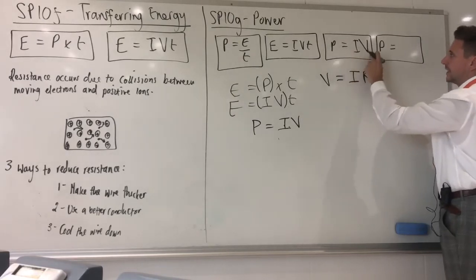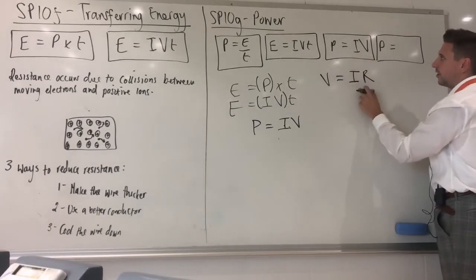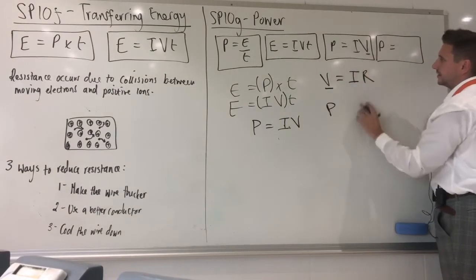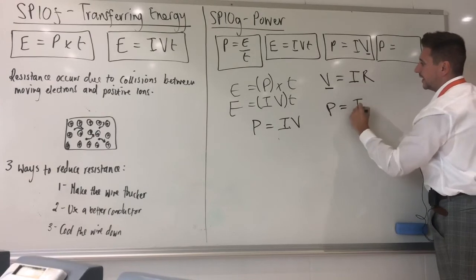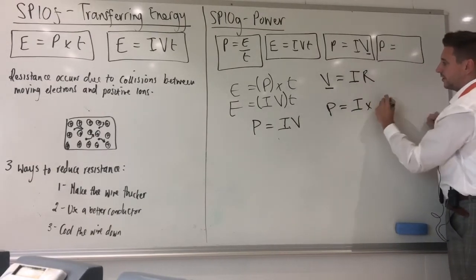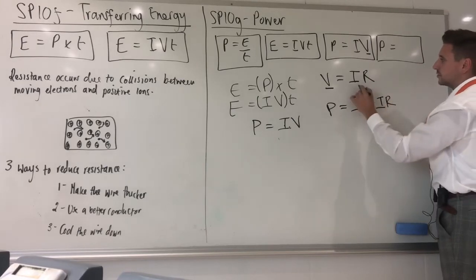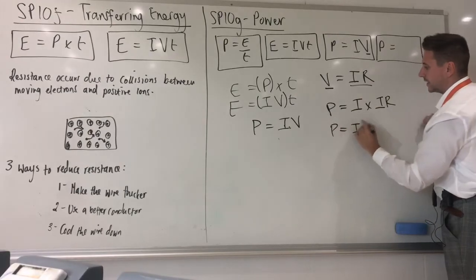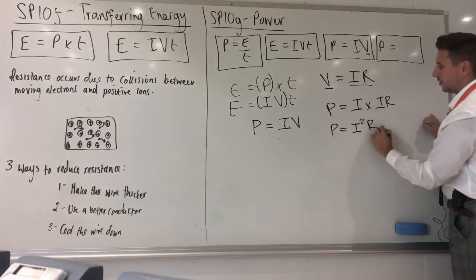So P equals I times V, but if I have V equals IR, then I can swap the V here for the V here. So P is equal to I times V, but V is IR, so I just substitute this for V in here, and that gives me P equals I squared R.